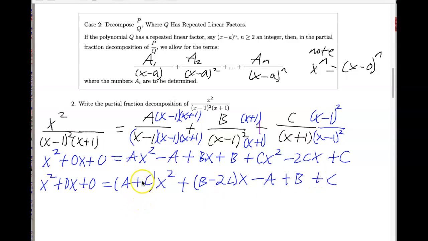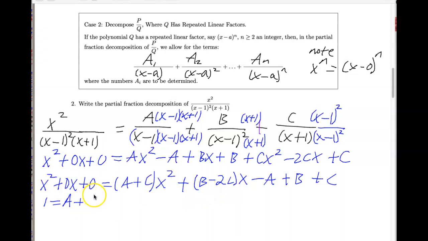And here's the cool part, why I like this approach: you're saying that this left side is equal to this right side. In order for that to be the case, A plus C needs to equal 1. And then 0 has to equal B minus 2C.